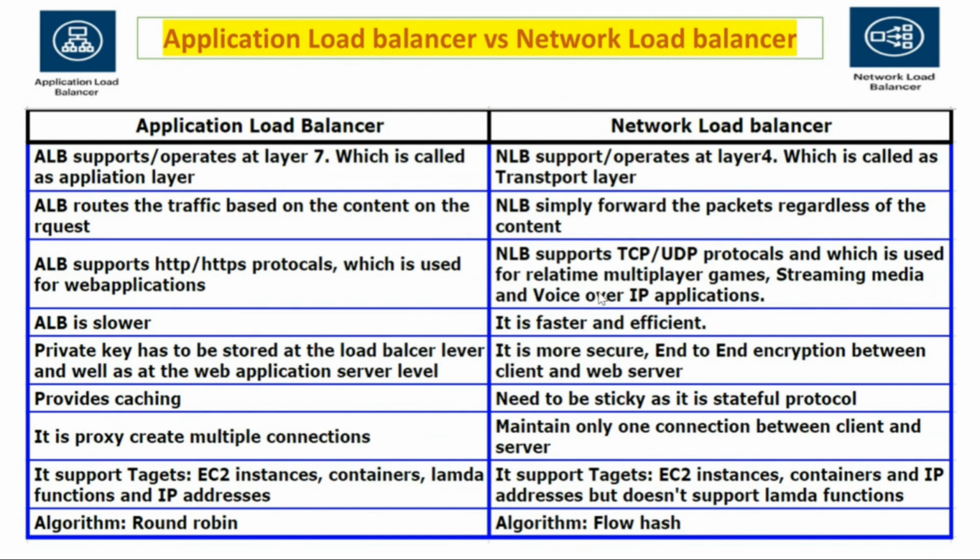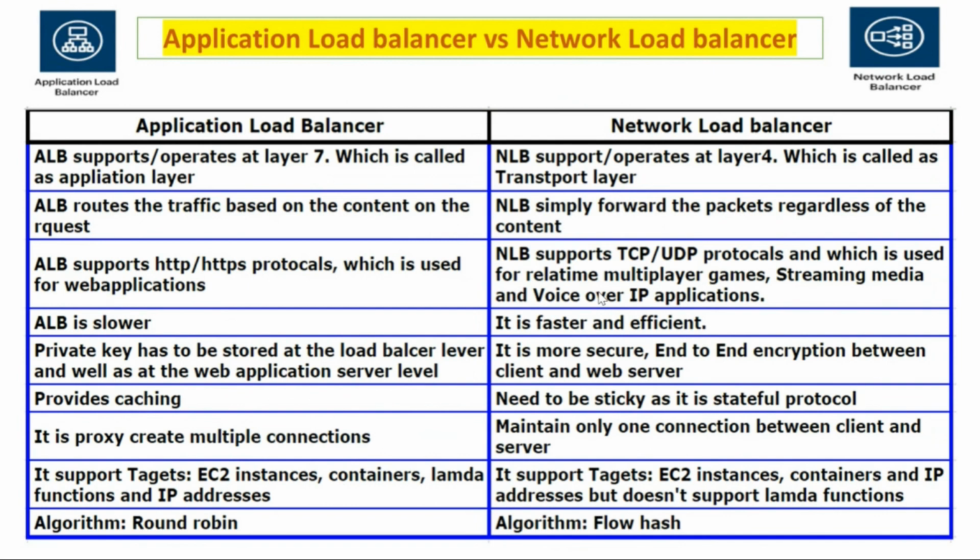Okay, when it comes to speed, the application load balancer is slower and NLB is faster. Why is the application load balancer slower when compared to the network load balancer? This is because the network load balancer doesn't decrypt the actual data. It just forwards the data to the servers.